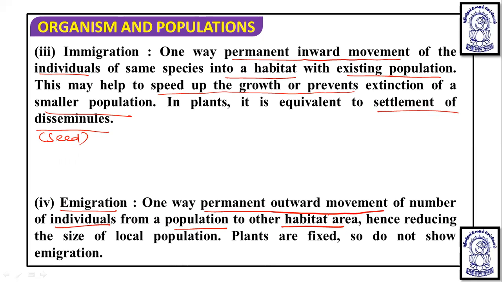If the individuals are moving to another area from the population, they are reducing the size of the local population. The total population of that particular area is getting reduced. Now plants are fixed, so they do not show emigration. Plants cannot show emigration, but immigration can occur in plants because through seeds they can come and germinate and form a new plant. So such things are possible.